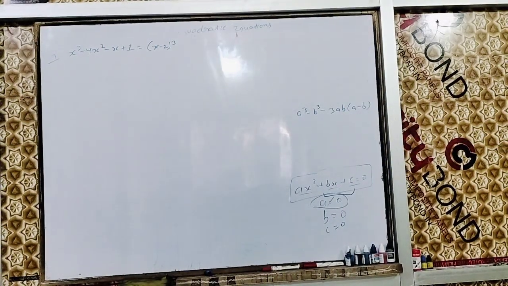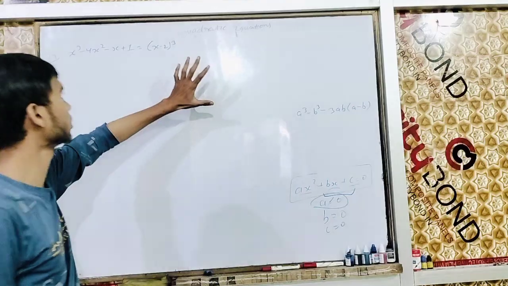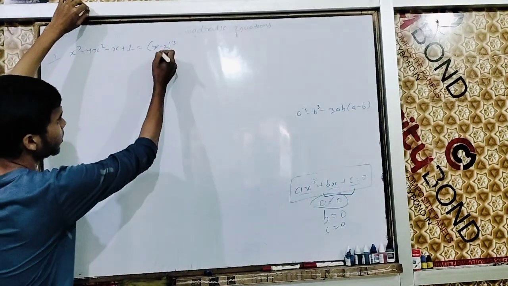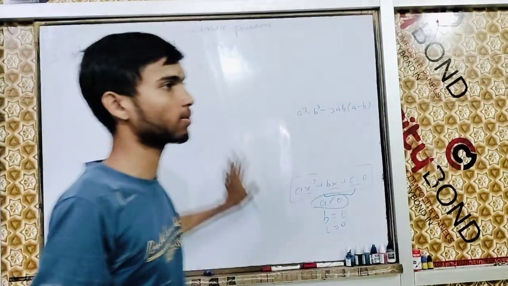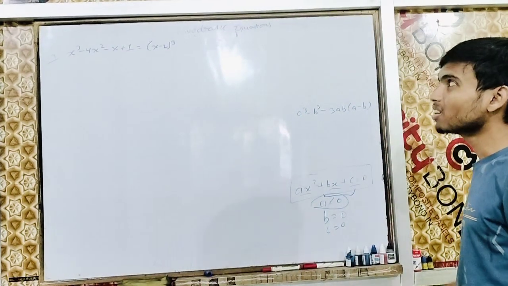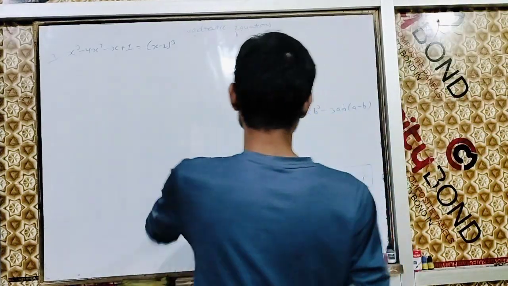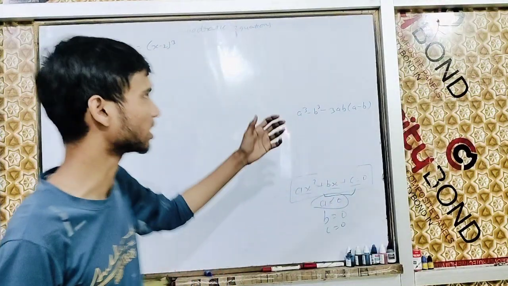This is our next question. And this is different from the previous one. In the previous question we had a positive operator, but in this case we can say this is a negative operator. If the operator is changing, then in the algebraic identities it will change its operator.